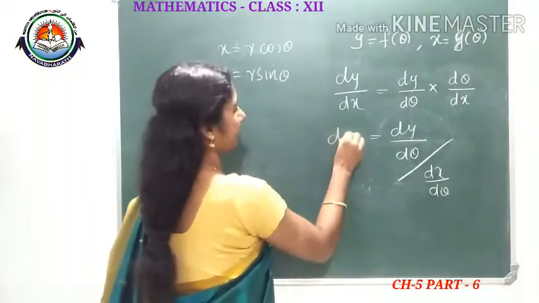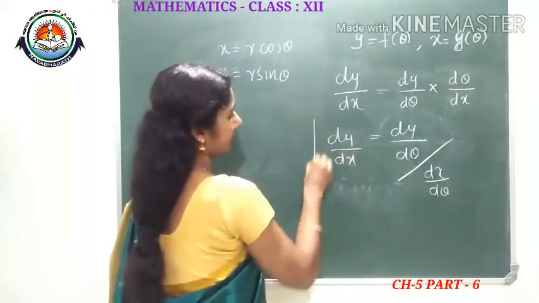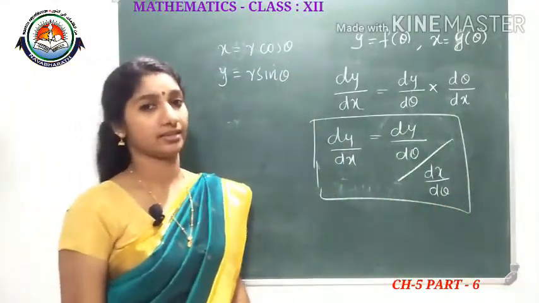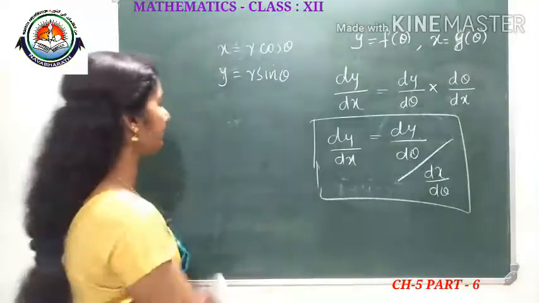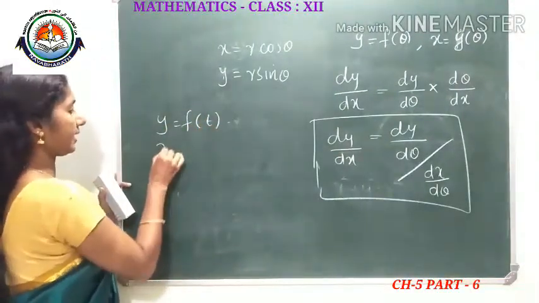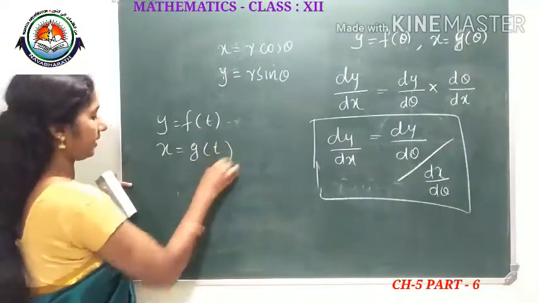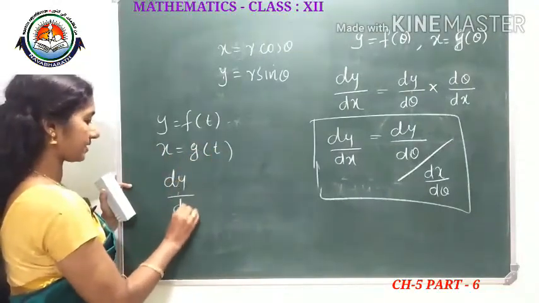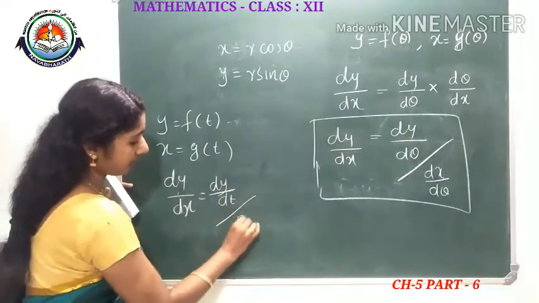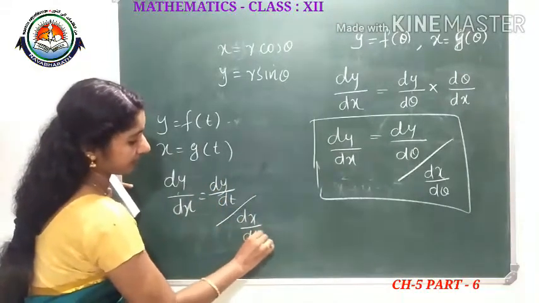So for finding dy by dx, we can do dy by d theta divided by dx by d theta. Or if it is given like this, y equal to a function of t and x equal to some function of t, to find dy by dx, what do we need to do? dy by dt divided by dx by dt.